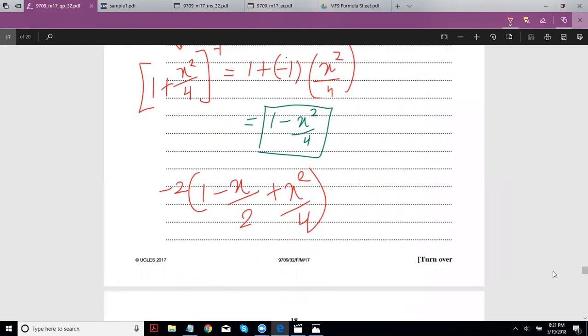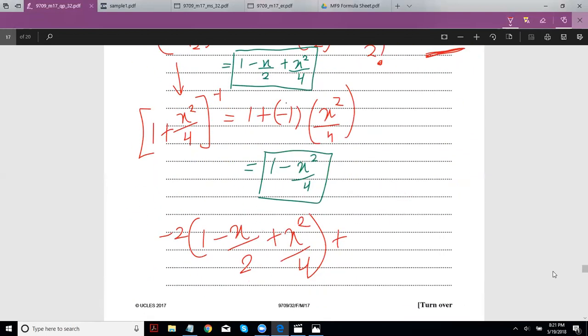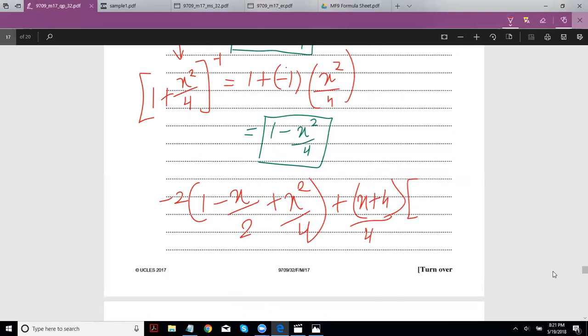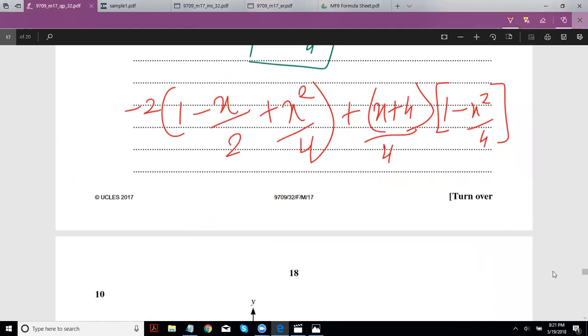So now you add this, what do you have? You have x plus 4. This is being divided by 4, and this is into your particular expansion, which is 1 minus x squared upon 4. And I'm running out of space here, but let's use a different color.